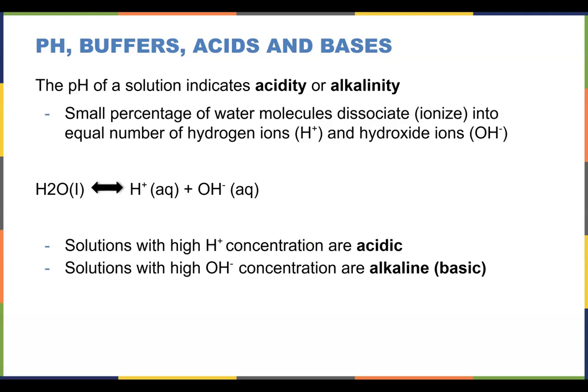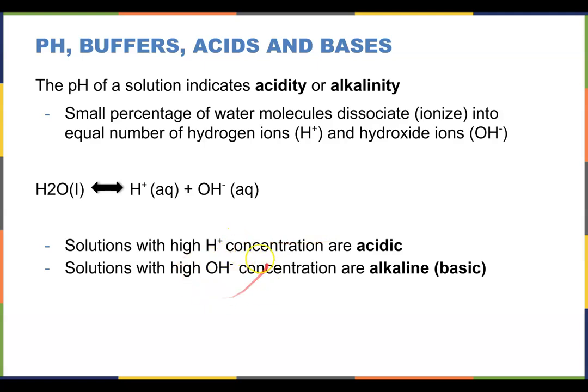So pH indicates acidity or alkalinity, so acid or base, and a small amount of water molecules, as they ionize or dissociate, we will get hydrogen ions and hydroxide ions. And so hydroxide is going to indicate an acidic solution if we have more of those.